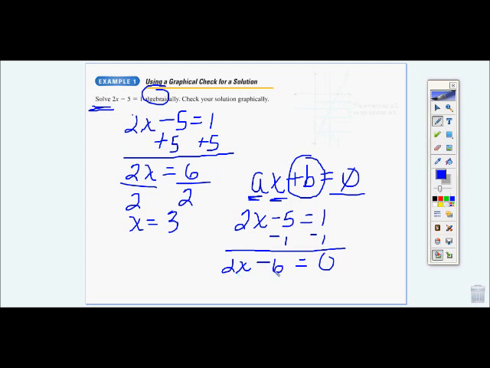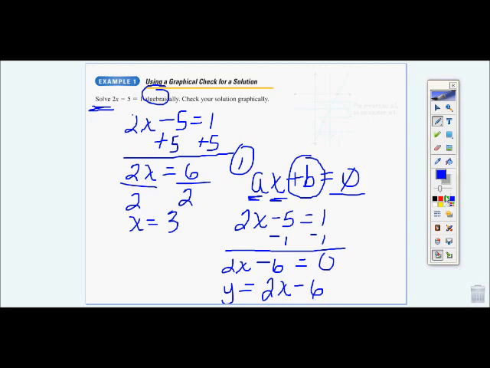Now this statement, once I've put it into the ax plus b equals 0 form, I can change into a slope-intercept equation. To do that, I want to replace my 0 with a y. So my equation now will say y equals 2x minus 16.